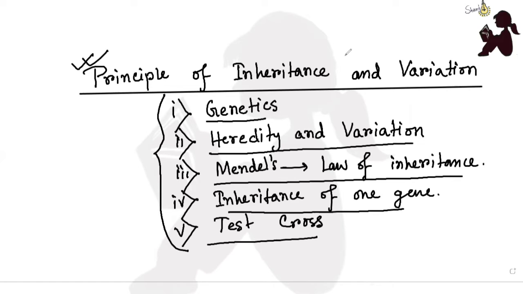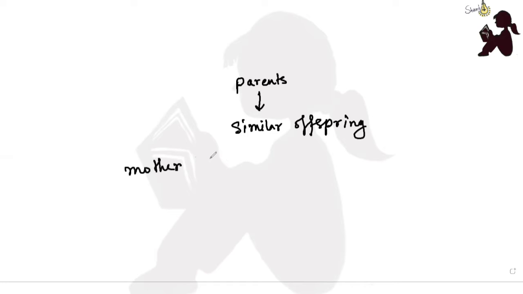Okay, now if you ever wonder why every parent organism produces similar offspring, like one mother elephant always produces a baby elephant.